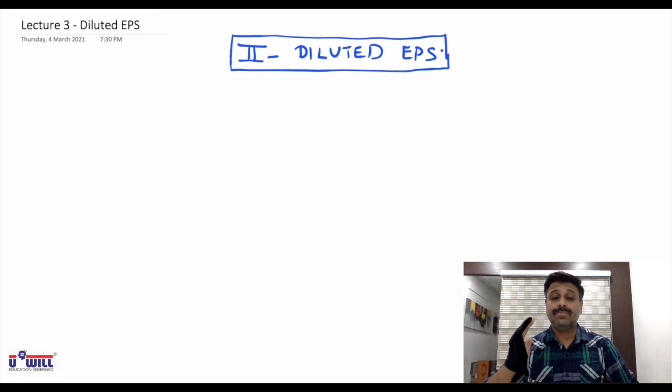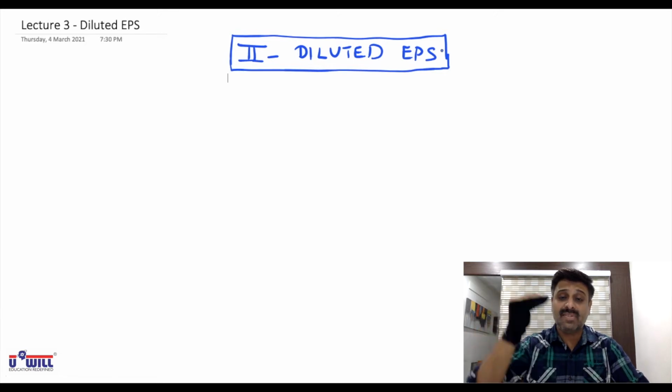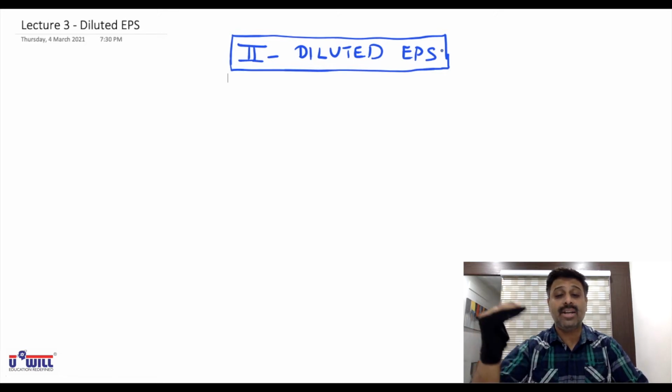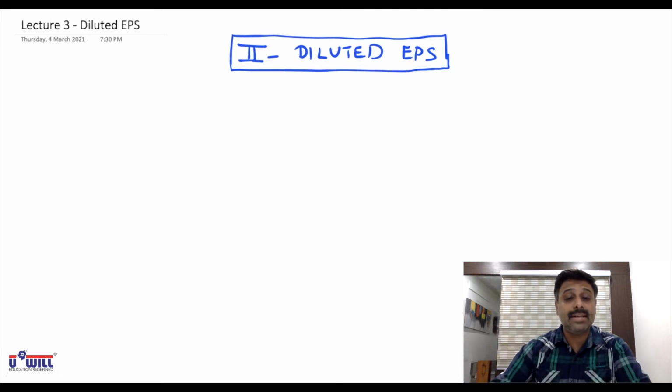As a result, since the profits will get distributed between more people, the earning per share will fall down. And because it falls down, it is called diluted EPS. So this basic concept we already studied in lecture 1.